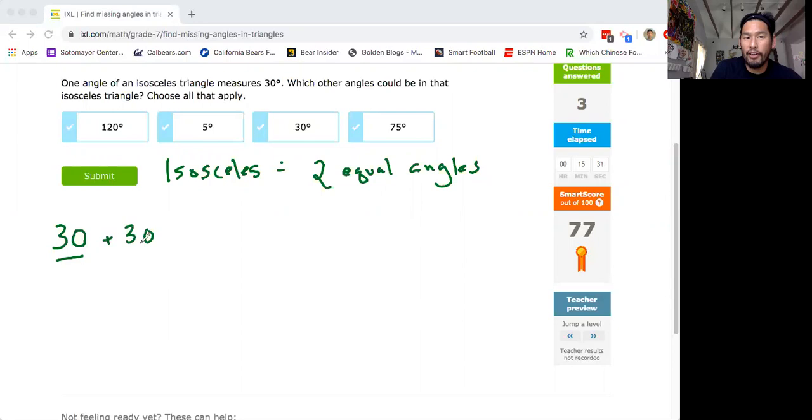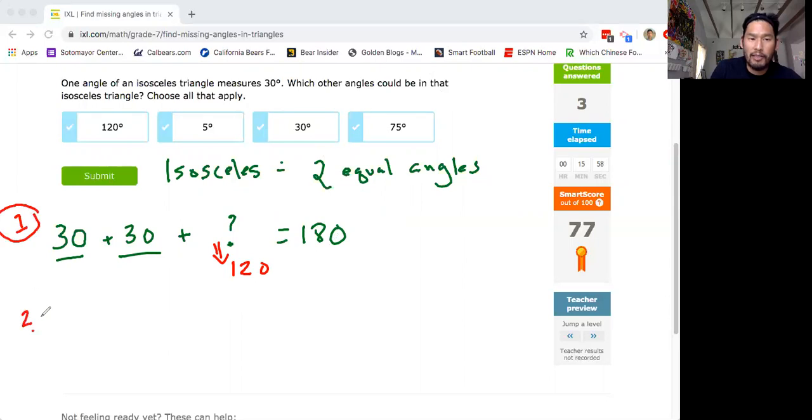So there's another angle that's also 30 degrees plus some unknown third angle equals 180. In this case, this missing question mark would be 120, because 30 plus 30 is 60, and 180 minus 60 is 120. Okay, so that's one possibility.